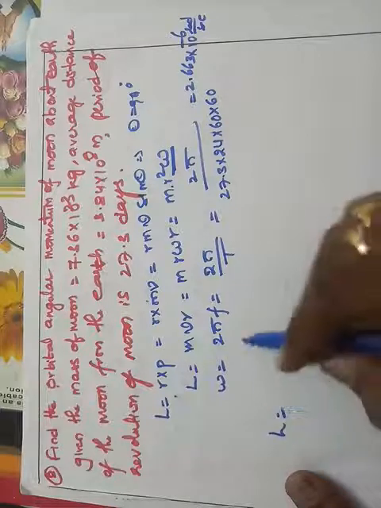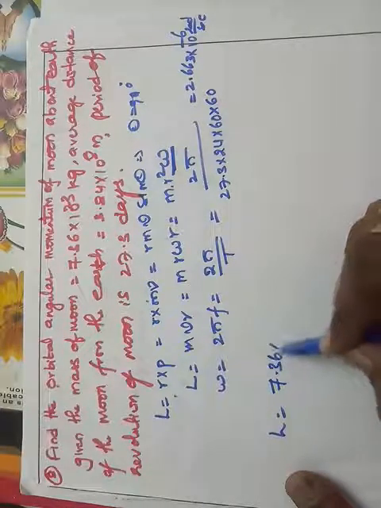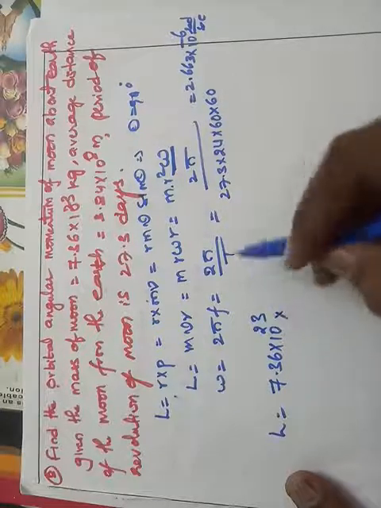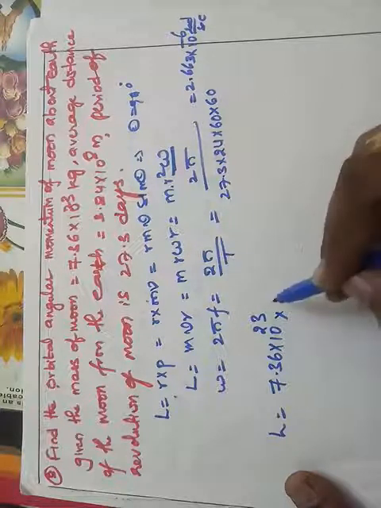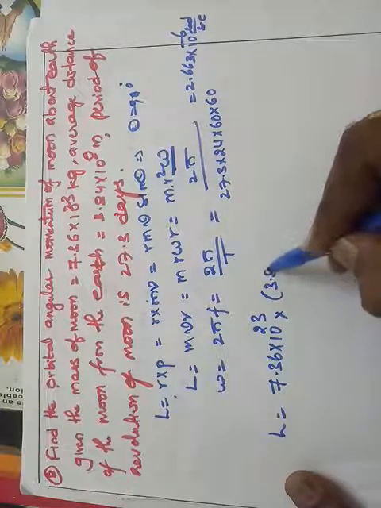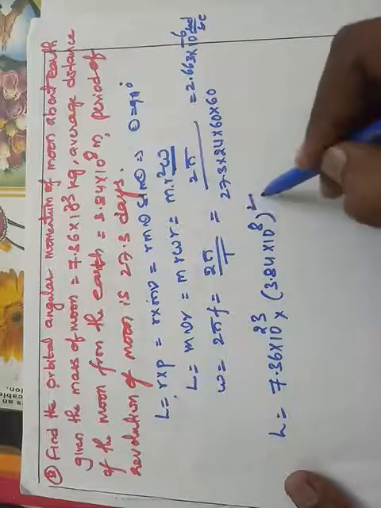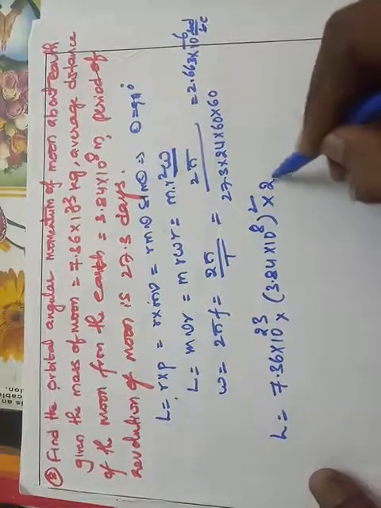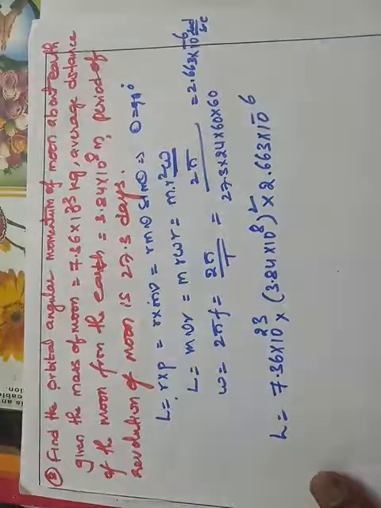L is equal to m, the m value is given there. How much is the m value? 7.36 into 10 to the power of 23 kg, and the r value is given there, 3.84 into 10 to the power of 8 whole square, and the omega value is 2.663 into 10 to the power of minus 6.